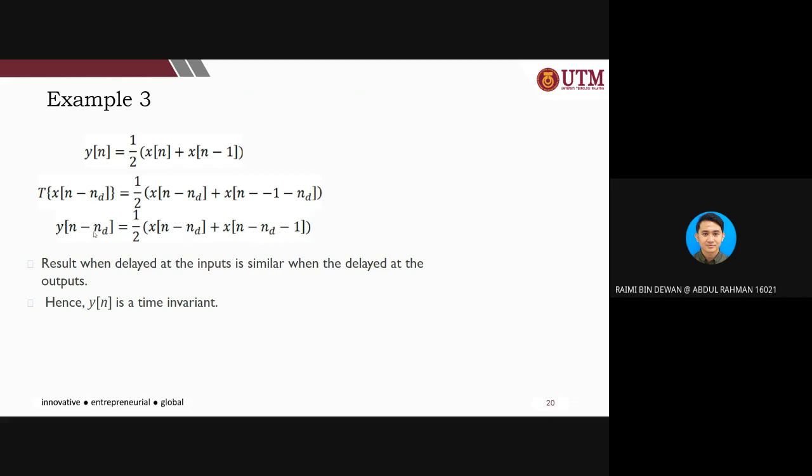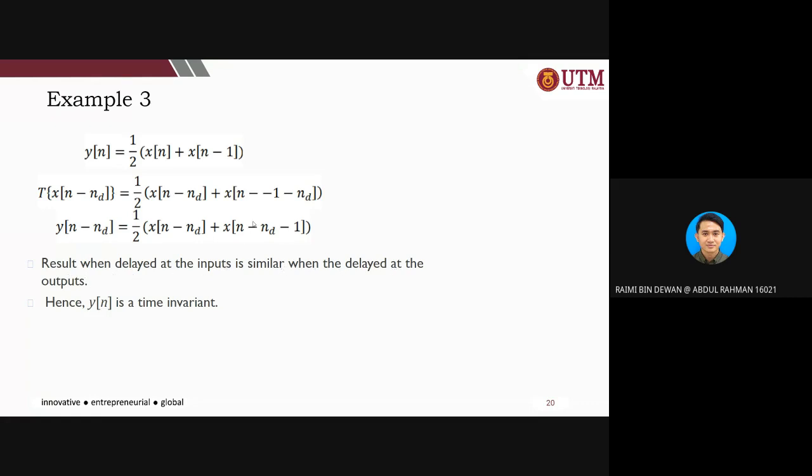You see here at y, you put the time shifted. So everything here, n, is already time shifted, n minus nd. This one is n minus nd as well. I think there is a bit of error here. So result when delay at the input is similar to when the delay at the output.